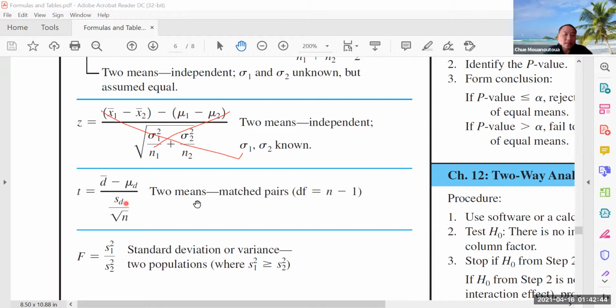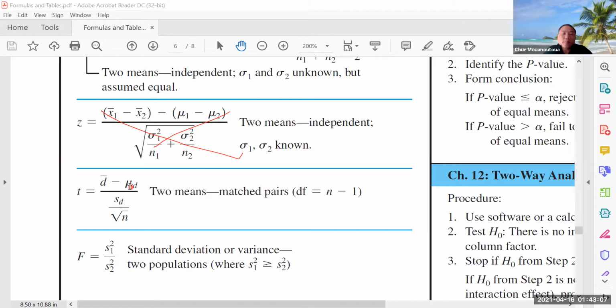Like I said before, this is like a before and after program, like weight before the program and weight after the program, and then D is the differences, how much different for each person, and mu D means you just take the average of those differences, right?